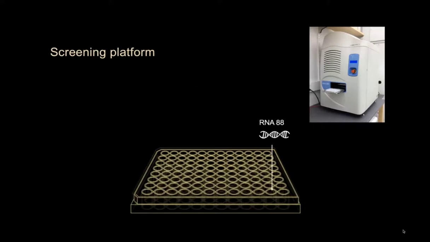Fortunately, that's right in the sweet spot for the Echo. So we would just go through and use the Echo to transfer the siRNA to these pre-dispensed V-bottom intermediate plates, and we would fill them up. We'd leave the edge columns open for controls.